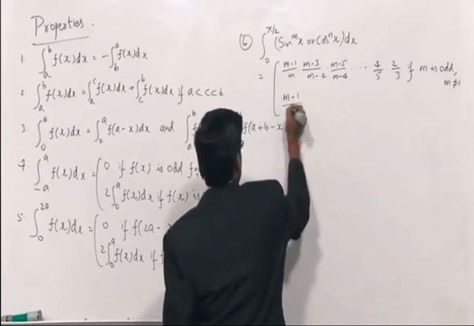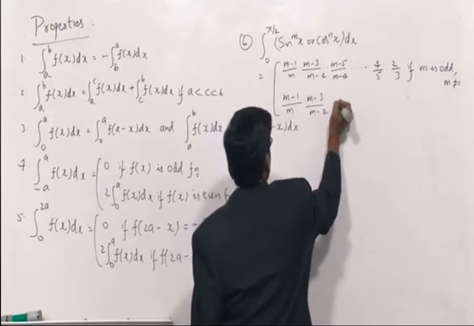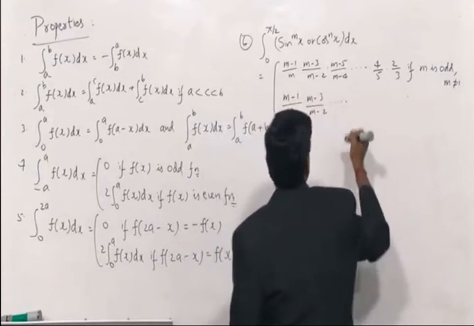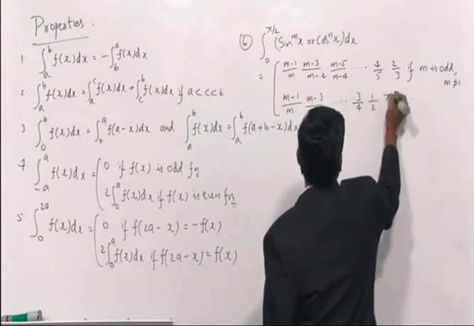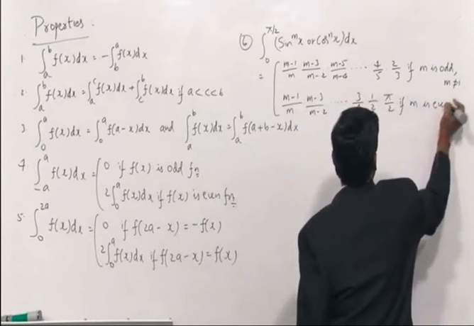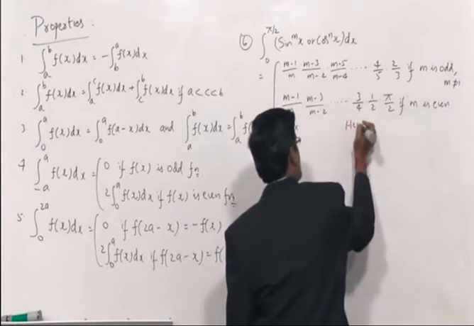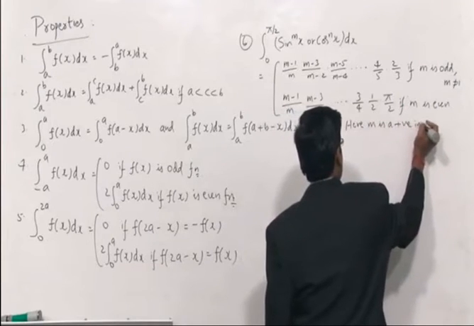In the second case, m minus 1 by m, m minus 3 by m minus 2 as above, and so on, 3 by 4, 1 by 2, into pi by 2 if m is even. Here m is a positive integer.